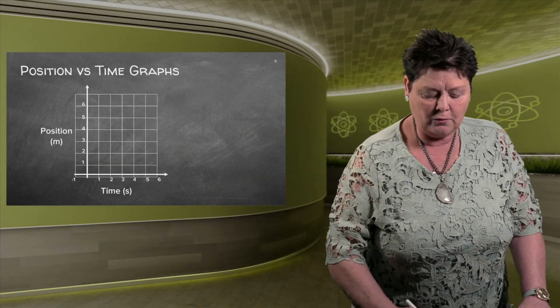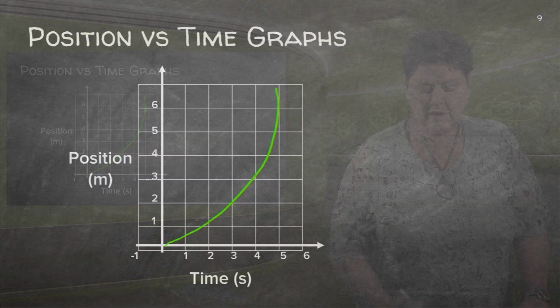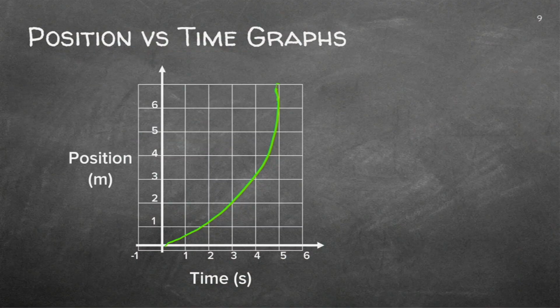The final one will be the exponential graph. Now here we've got to be careful. I want the gradient. The gradient again will be the change in the y-axis over the change in the x-axis. How am I going to work out the gradient of an exponential graph?